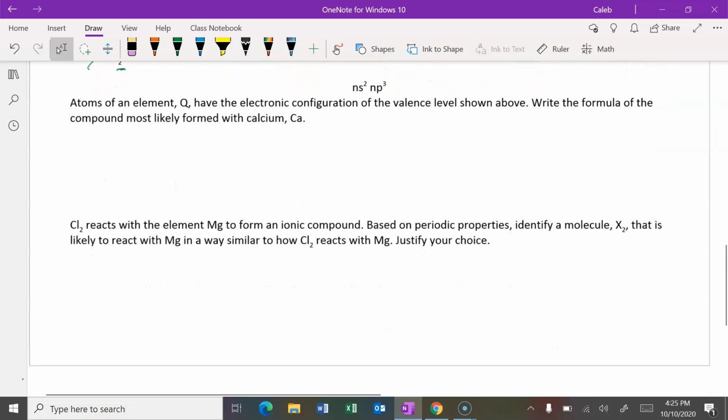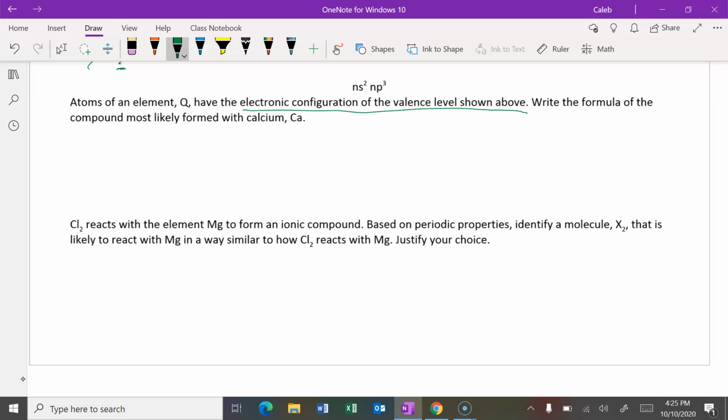Atoms of an element, Q, have the electron configuration of the valence level shown above. So ns2, np3, where n could be any number. It could be 2s2, 2p3, 3s2, 3p3, 4s2, 4p3. Could be any number other than 1 because it's got the p sublevel in it.